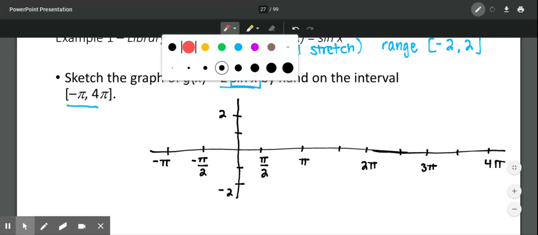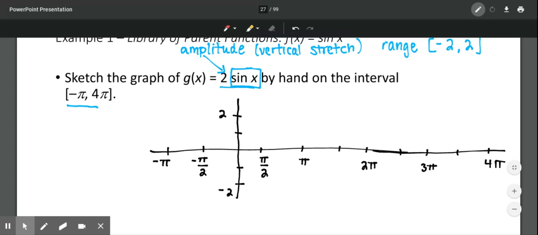All right, so when we're graphing our sine graph, you think, well, when x is 0, if you plugged a 0 in for your x, right? So if we said 2 times the sine of 0, we know the sine of 0 is 0, so 2 times 0 would just be 0. So when your x is 0, your y is 0, which means we're starting at the origin. And then normally your sine goes up.